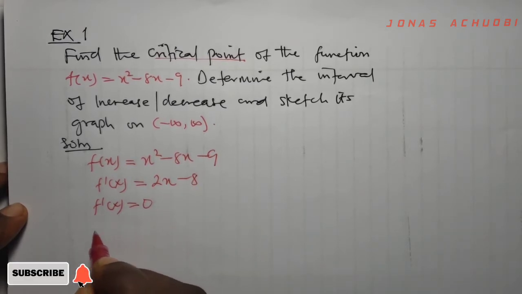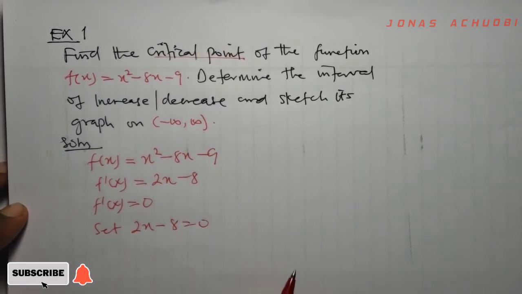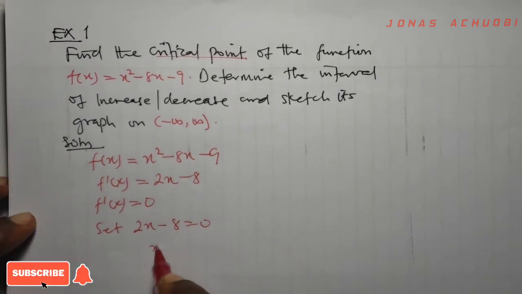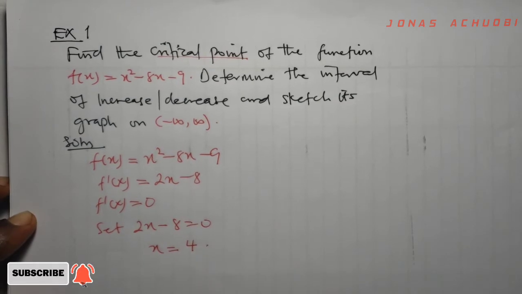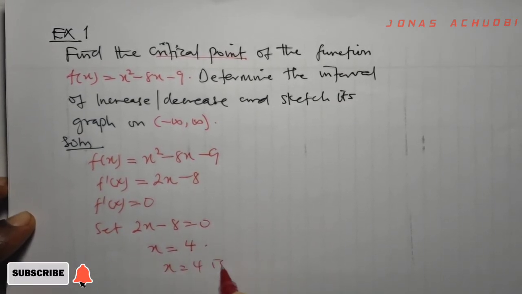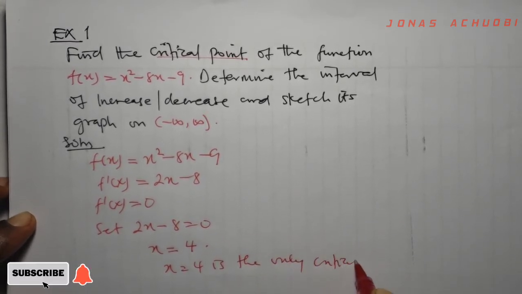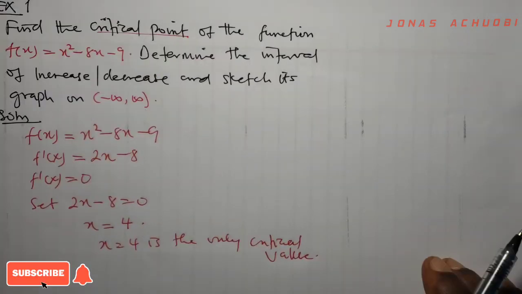So if we set 2x minus 8 equal to 0, what do we get? We get that x is equal to 4. Hence, x equal to 4 is the only critical value.